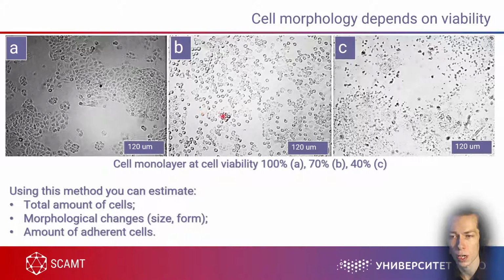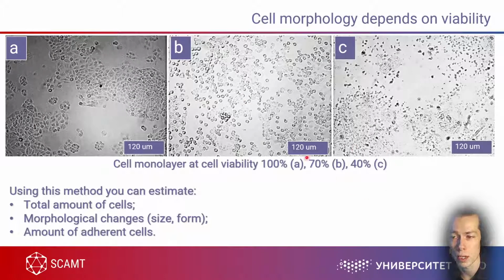You can just say that something bad is happening to cells because some of them are detached from the surface. And 70% is not a big decrease in viability, but still a lot of cells detached, and probably they will die. So you can wait for a bigger decrease if you incubate your cells for a longer period of time.